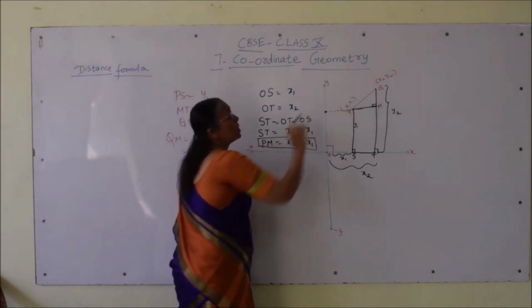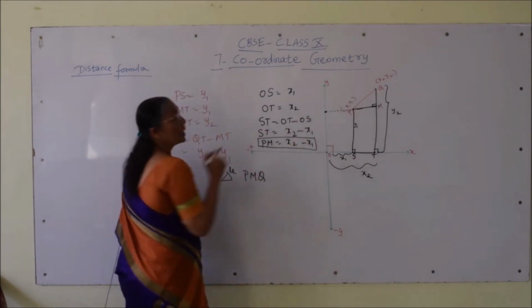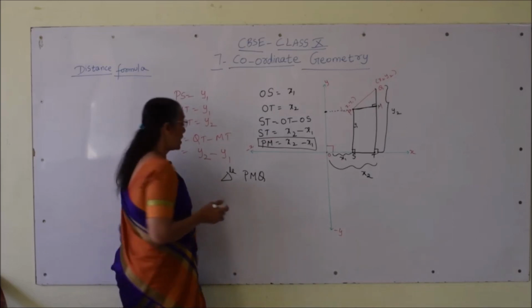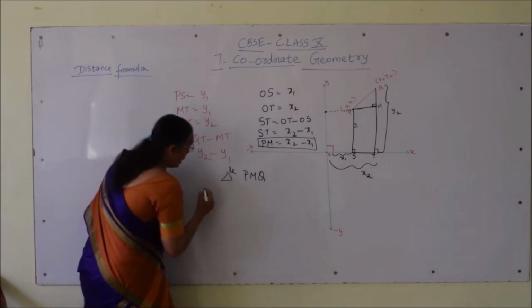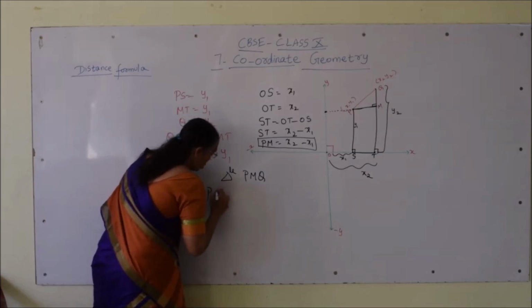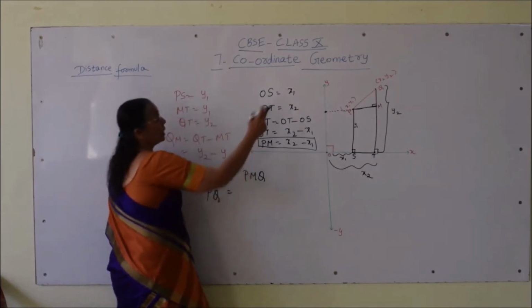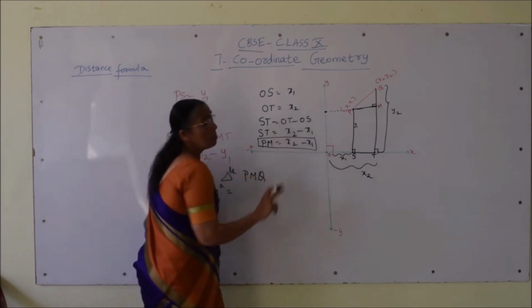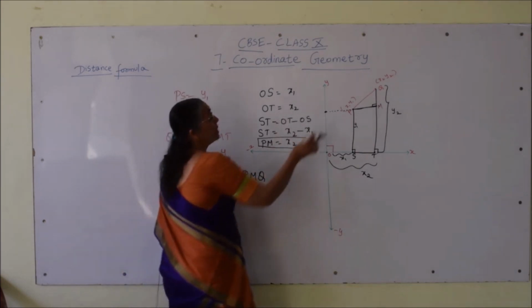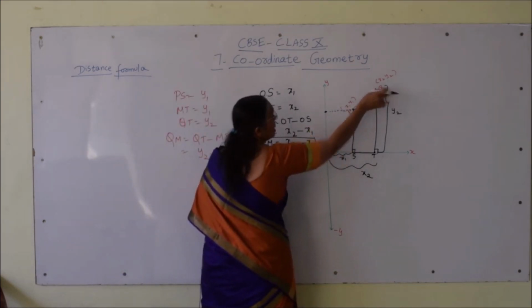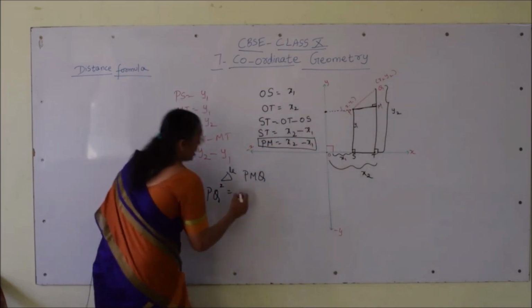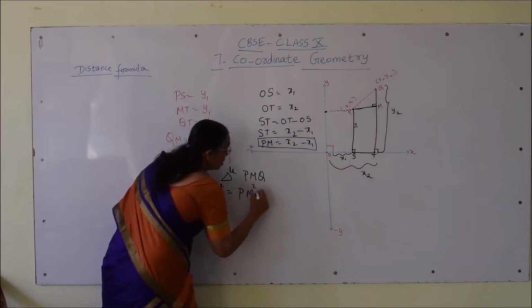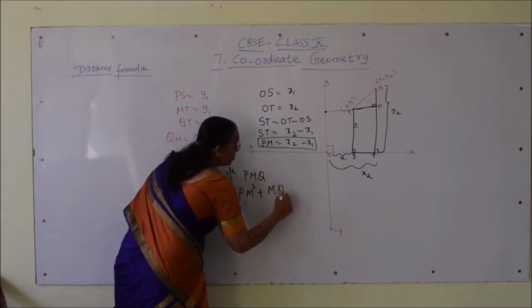Here the hypotenuse is PQ, that distance only we are deriving. So in the triangle PMQ, PQ square is equal to PM square plus MQ square.